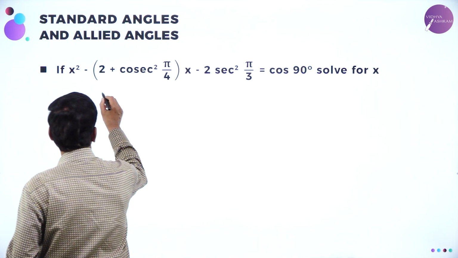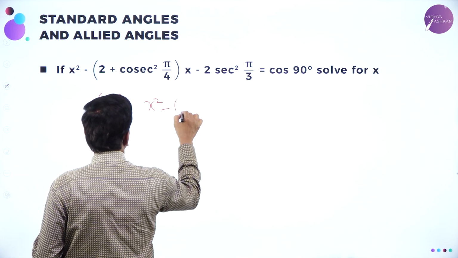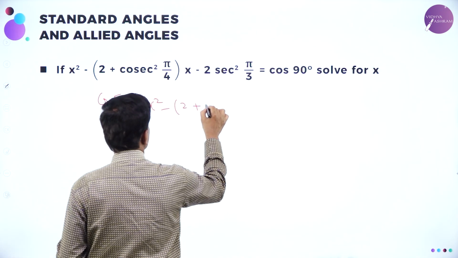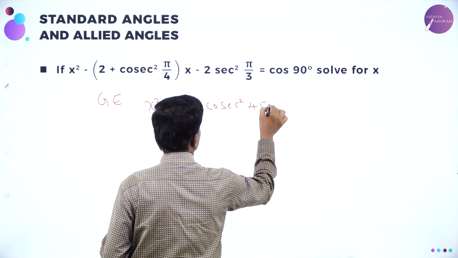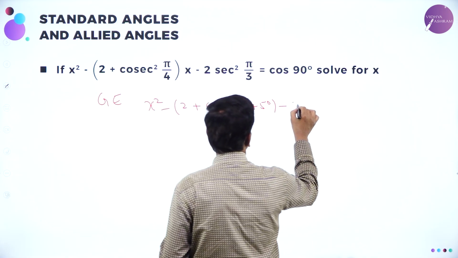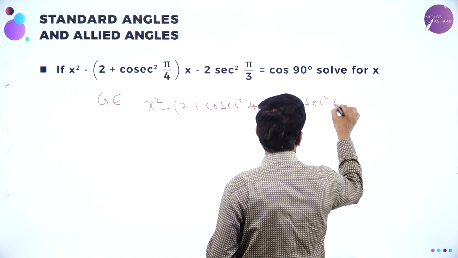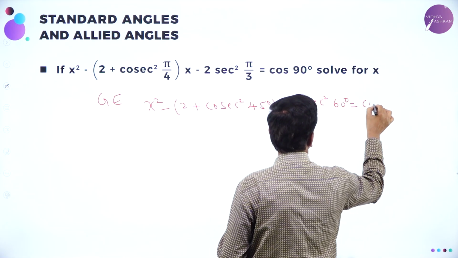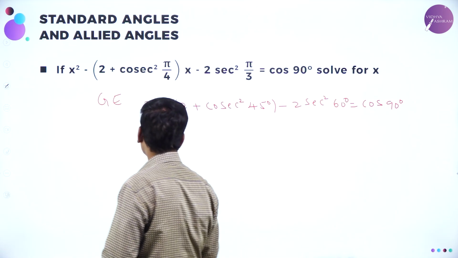Now what is the given equation? The given equation is x square minus 2 plus cosecant square pi by 4, means 45 degrees, minus 2 times secant square pi by 3, that is 60 degrees, is equal to cos of 90 degrees. Now substitute the values.